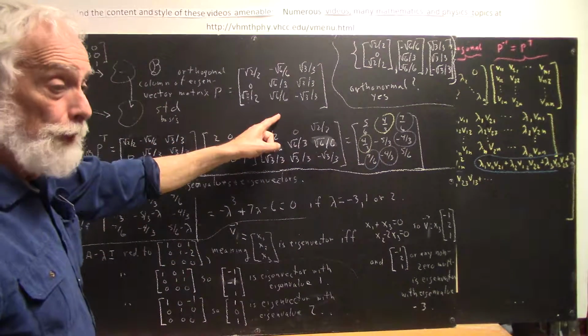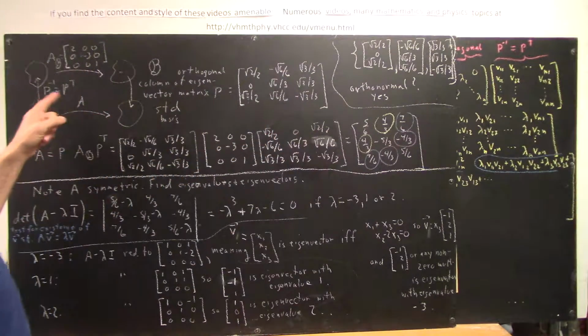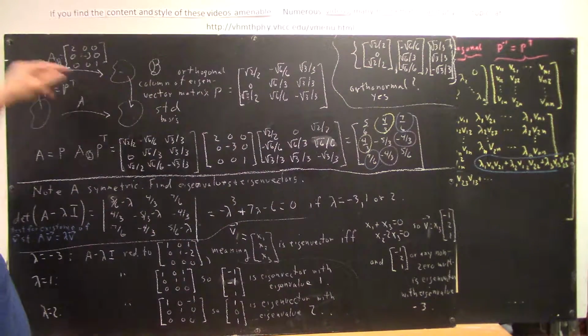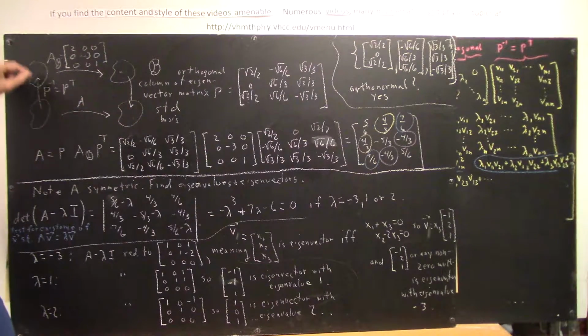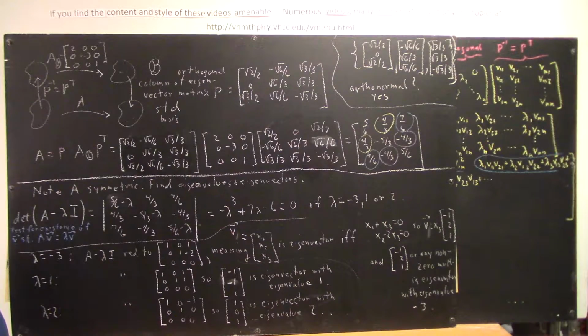The inverse of this matrix, as we've seen elsewhere, is equal to the transpose of the matrix. So if we go from here to here, we're going in the opposite direction, from the eigenvector basis to the standard basis. So we're doing the inverse of this matrix, and that's equal to the transpose.